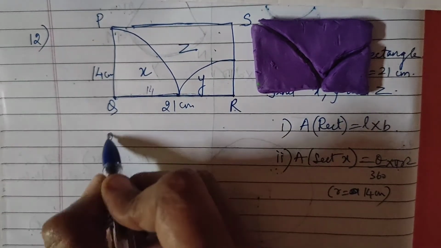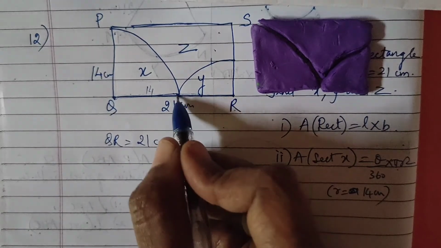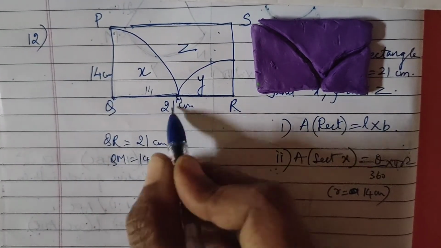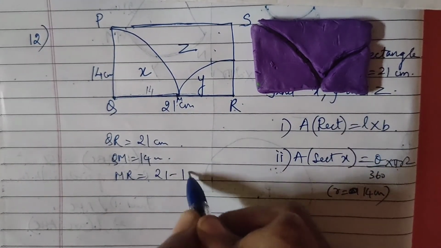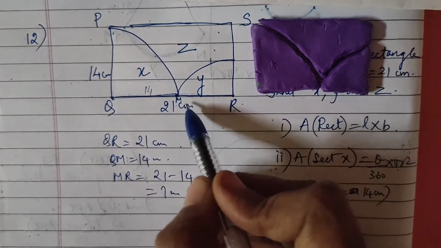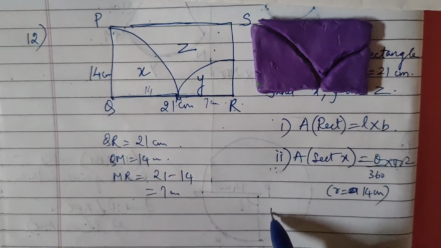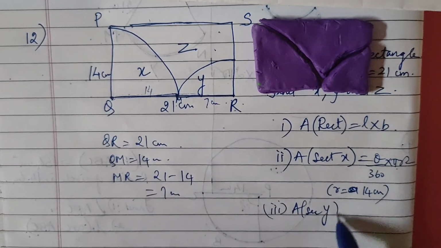QR is 21 centimeter given. We will name a point M here. QM is 14. So how much is MR? MR will be 21 minus 14, that is 7 centimeter. So you got this radius as 7 centimeter.